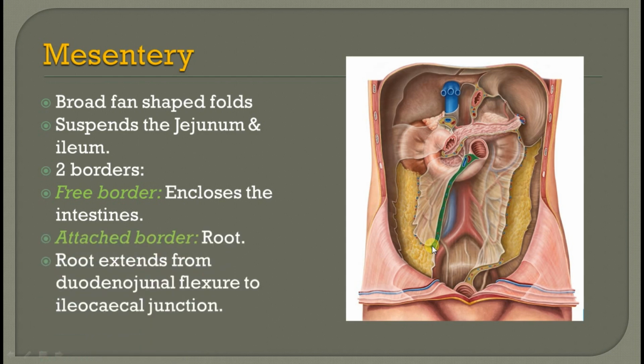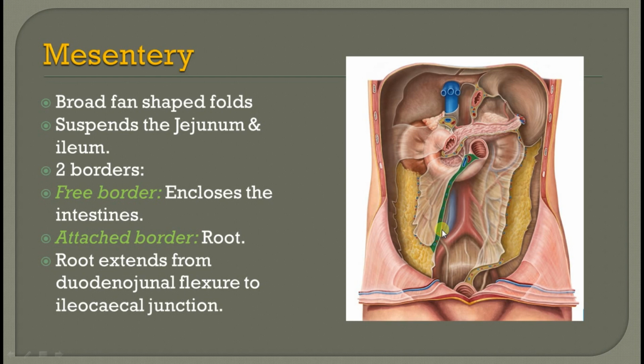So they cross all these structures crossed by the root of the mesentery, and they get attached to the ileocecal junction, corresponding to the right sacroiliac joint. Between the two layers, they mainly transmit the blood vessels, the branches of the superior mesenteric artery. Then lymphatics, nerves, and one more content is the fat.